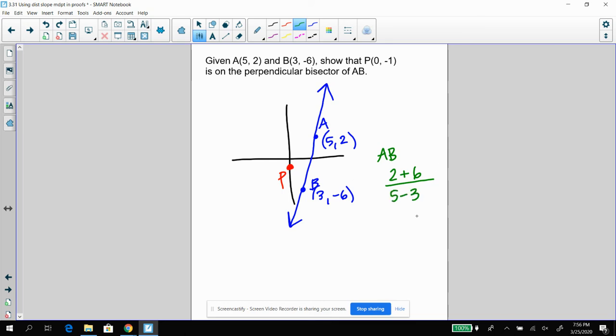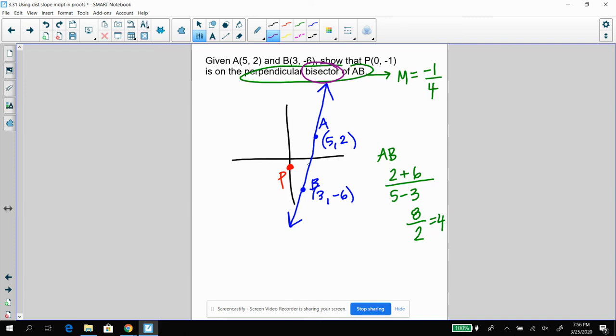So I get 8 over 2. So the slope of AB is 4, or 4 over 1. So I know that the slope of my perpendicular bisector is going to be -1/4. And so that's the perpendicular part. But the bisecting part, that means it's going to be going through the midpoint.